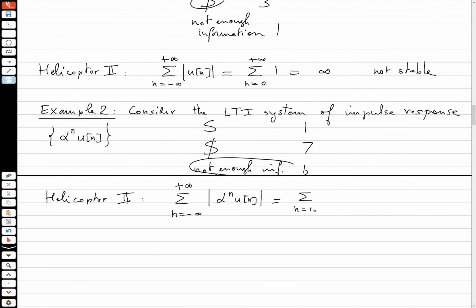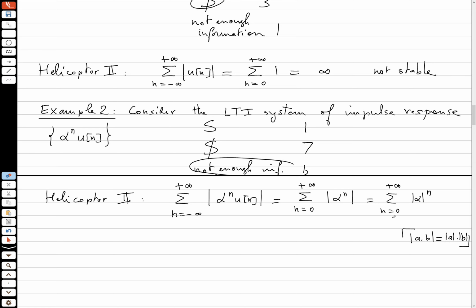No, I can start from 0. But when you start from 0, u of n is just 1, so you just have this. But this is also the absolute value of alpha to the power of n, because again, ab is ab, right? Yeah. So I apply this n times, and I get this.